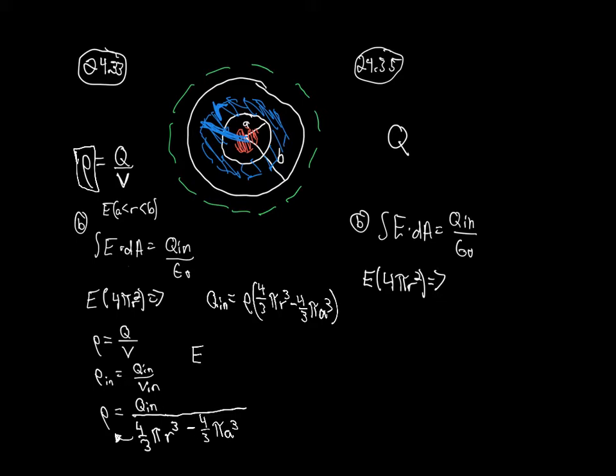So my E is equal to rho times 4/3 pi r cubed minus 4/3 pi little a cubed, divided by 4 pi epsilon naught little r squared.